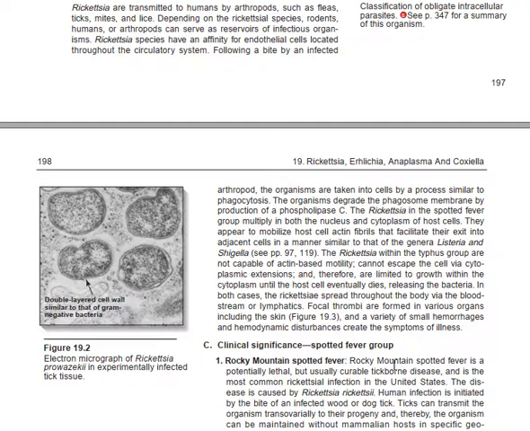So that's the classification. This diagram shows the electron microscopic view of Rickettsia prowazekii experimentally infected.